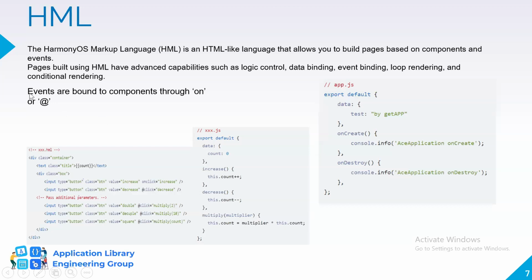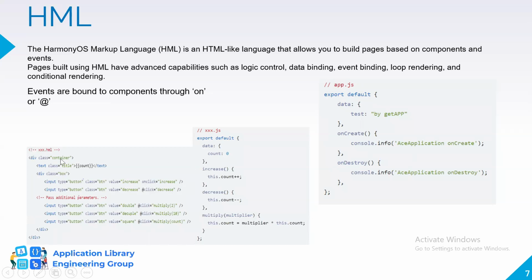So you can go through this point. Events are bound to components through on or at. To bind events to your components, there are some predefined functions which you can use, which start with on or at.